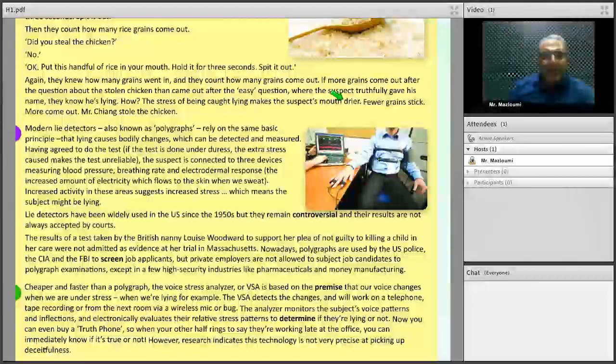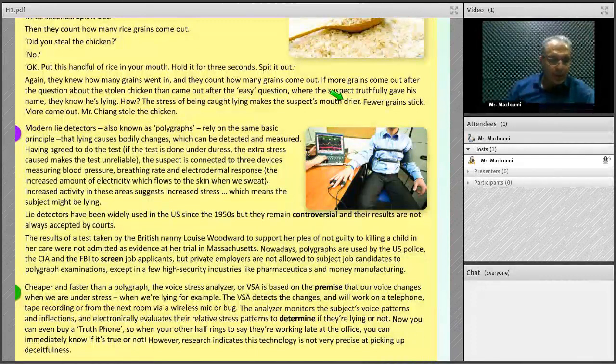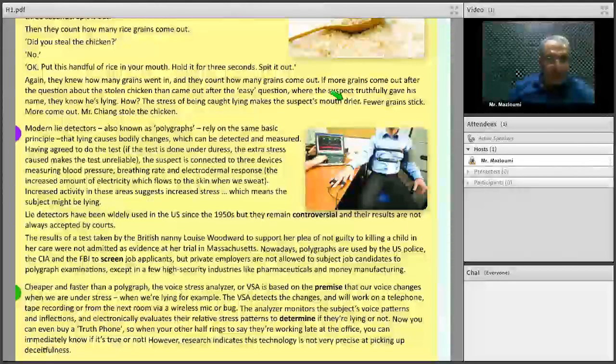Fewer grains stick. It means more grains of rice just come out. Mr. Chang stole the ketchup.